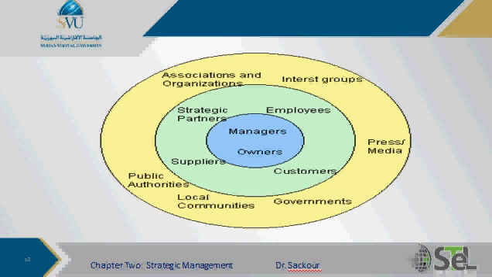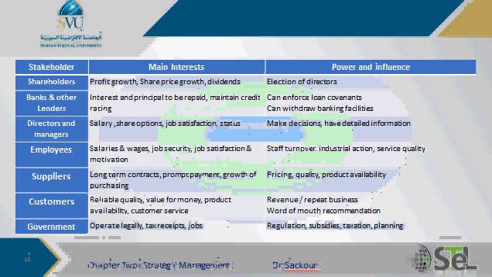interest groups. Do you see that each one of these parties wants something different? They want contradictory objectives. Look at the following table, for example. Here you can see stakeholder, shareholder, bank, directors, suppliers, customers, government.